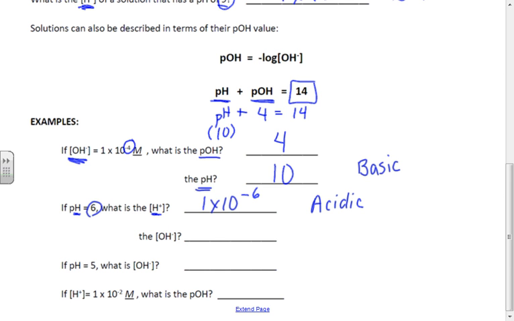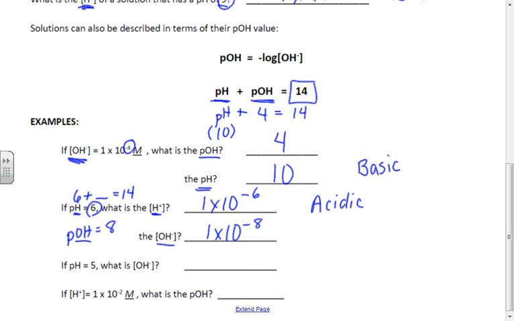Now, we can go about this next one a couple of ways. If we know the pH is 6, we know that 6 plus something has to equal 14. That something is our missing pOH value. So that would have to be 8. 8 plus 6 will get us 14. So that means that the hydroxide ion concentration, that's OH, would be 1 times 10 to the negative 8.